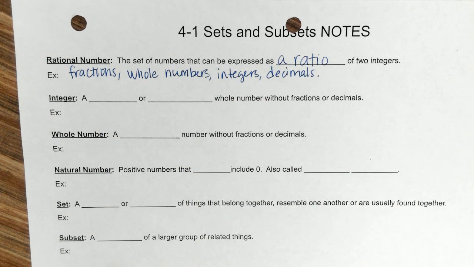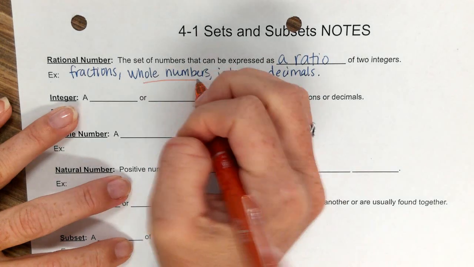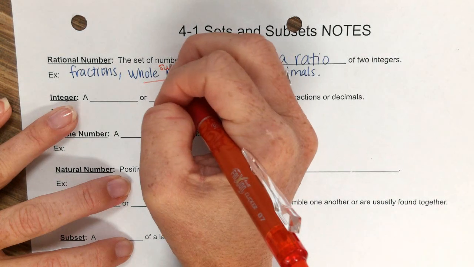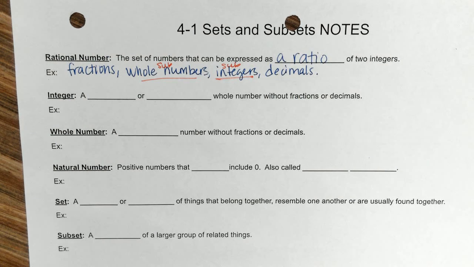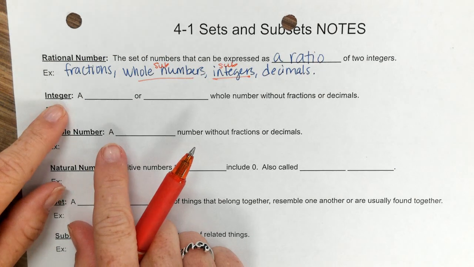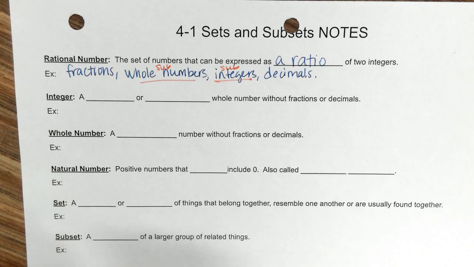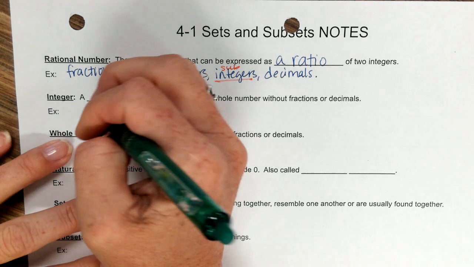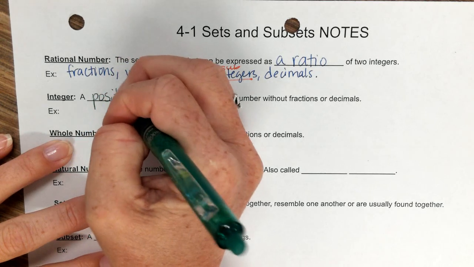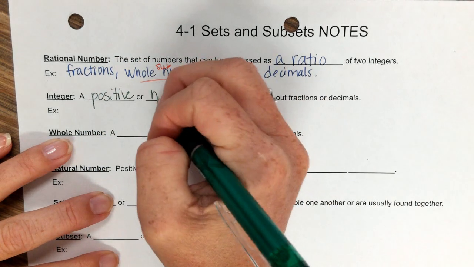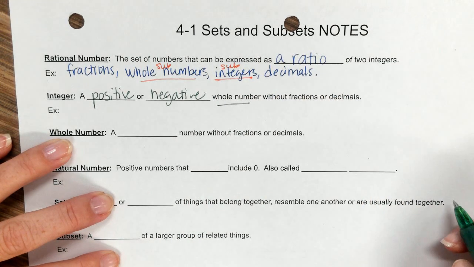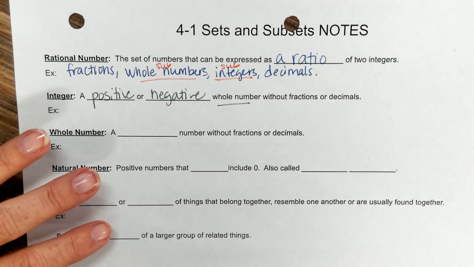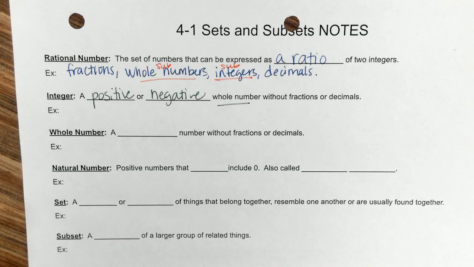So I want y'all to look. This and this are subcategories of rational numbers. That's why they have their own definition. What is an integer? An integer is a positive or negative whole number, no fractions, no decimals.